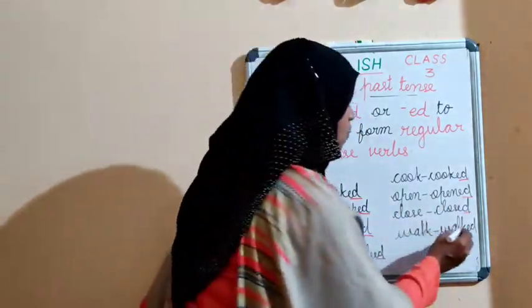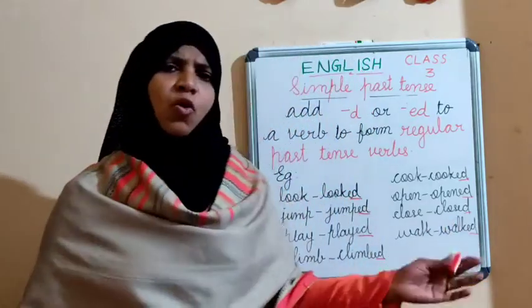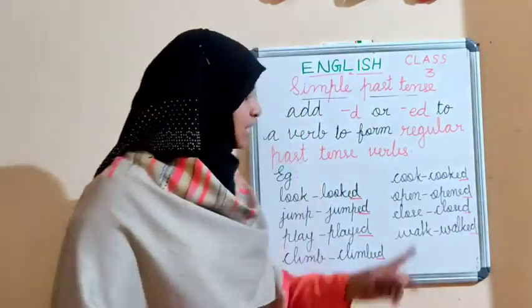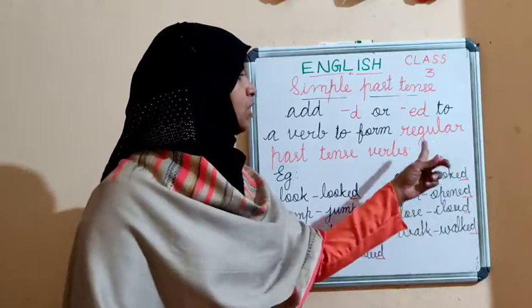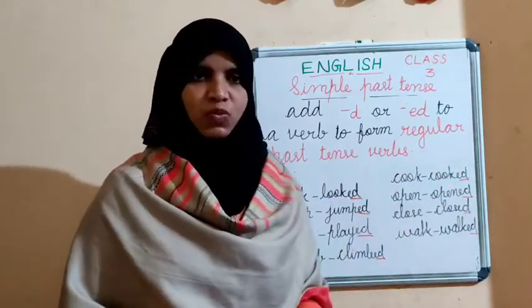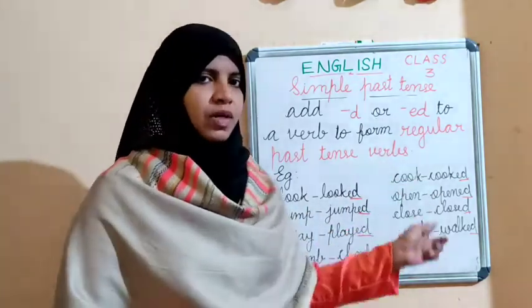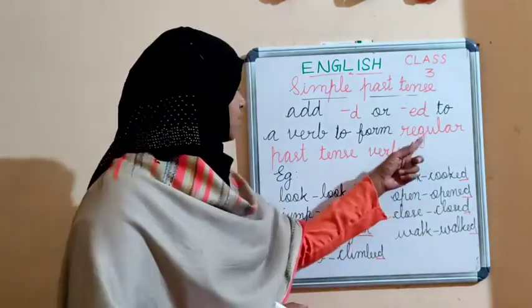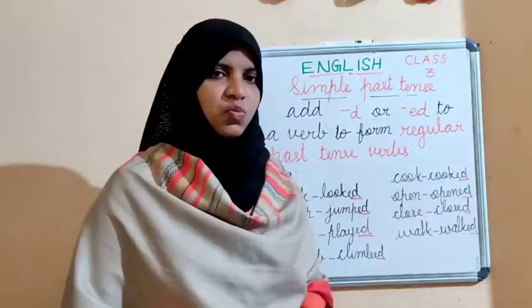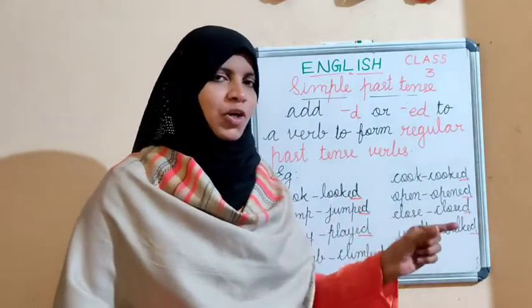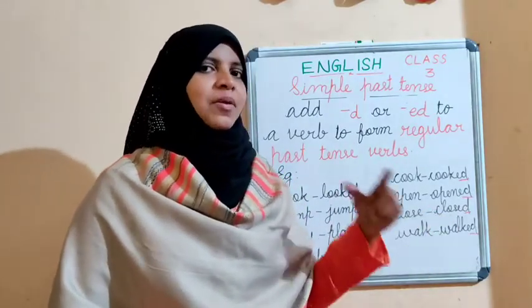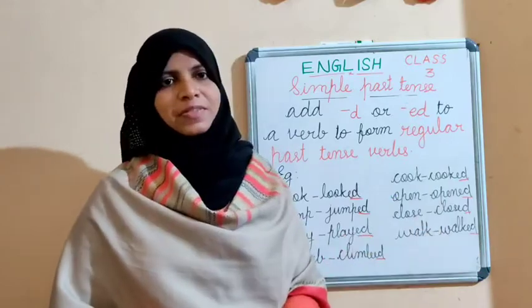Walk. Walked. We can find lots of regular verbs. These types of verbs we call regular past tense verbs. When we add D or ED to a verb, those verbs are regular past tense verbs. D or ED. Regular past tense verbs.